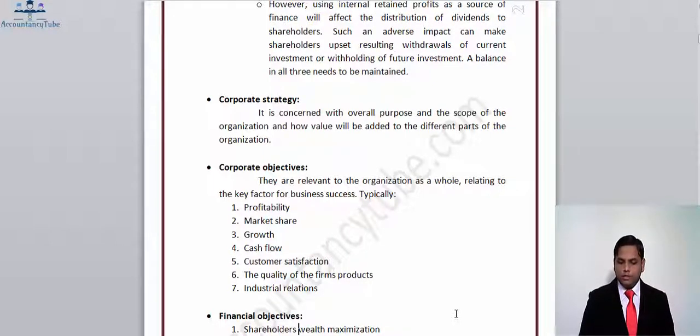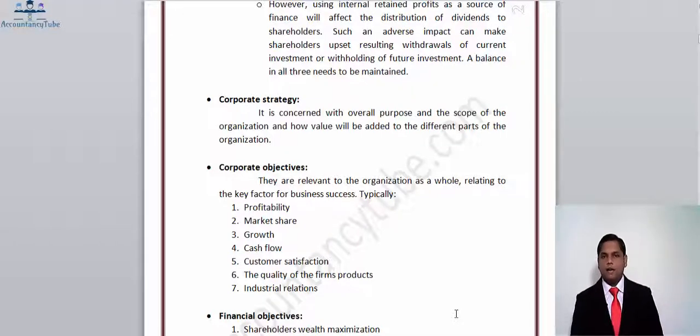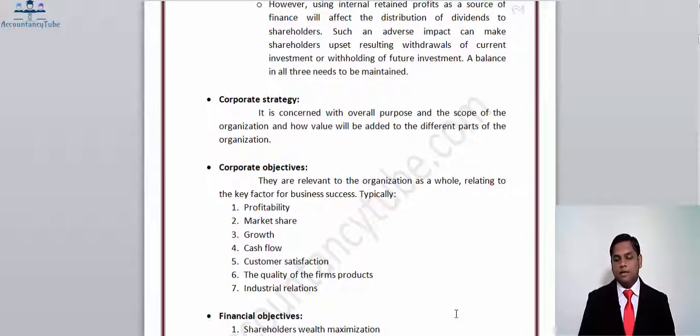Firstly, objectives are relevant to the organization as a whole, relating to the key factors for business success. They are the key factors through which a business succeeds. That's why businesses strive to achieve the corporate objectives, because that's what makes them successful. They are, you can say, key performance indicators. If these are going great, the business is moving in the right direction.